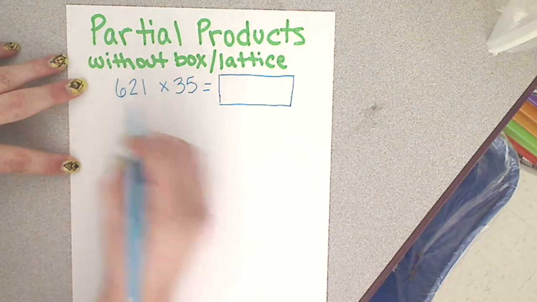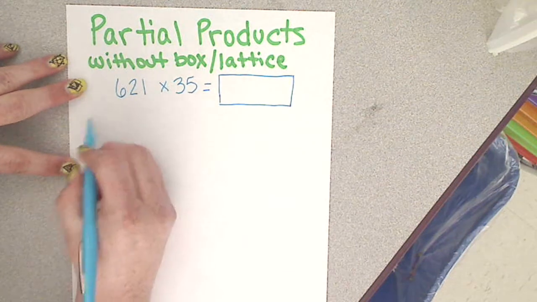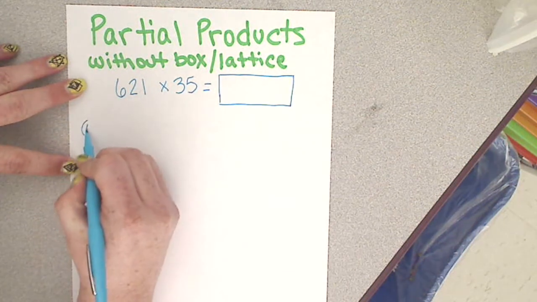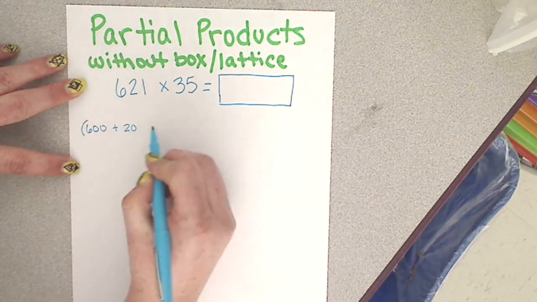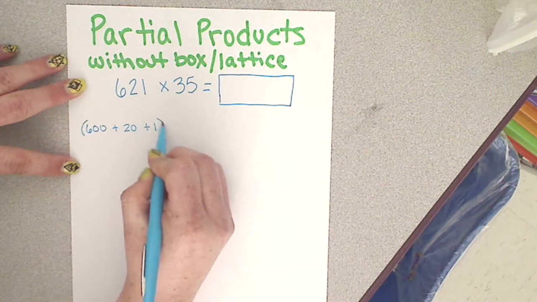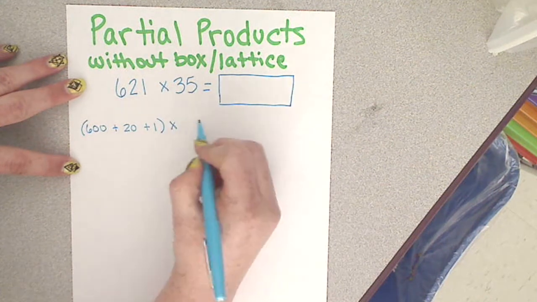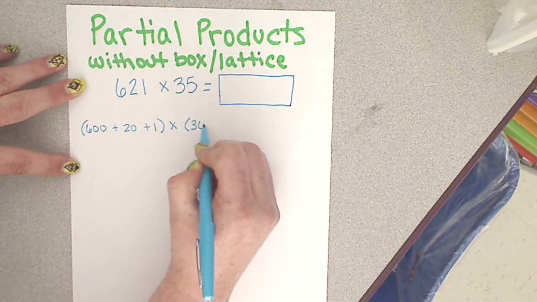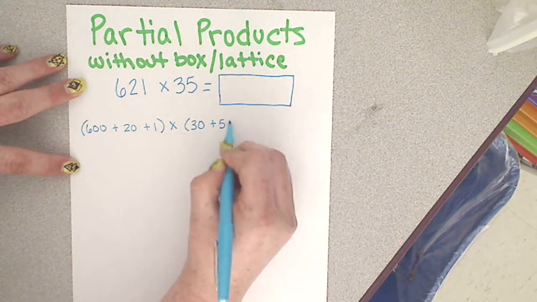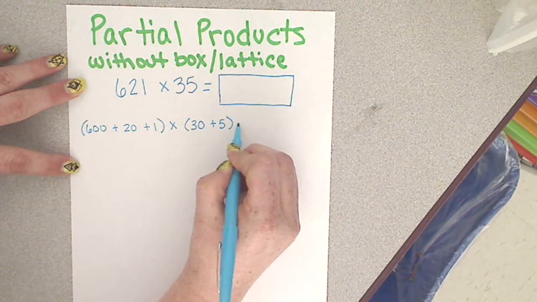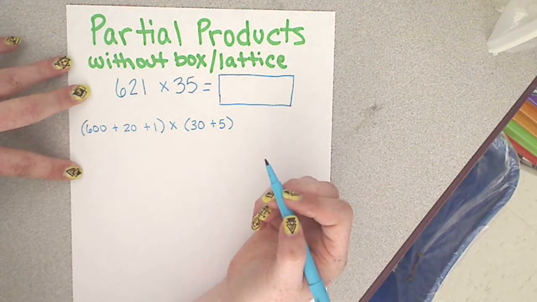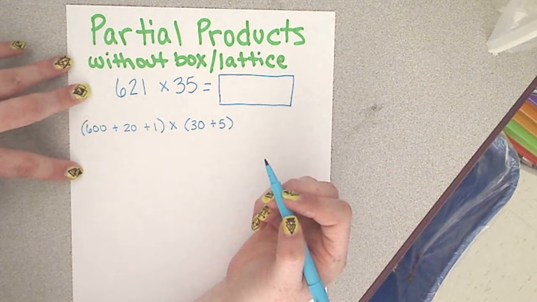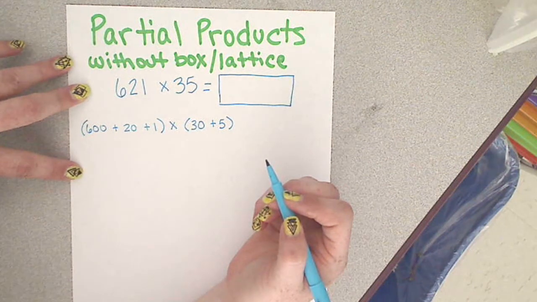I'm going to break this number down because I know that 621 is the same thing as 600 plus 20 plus 1. And I'm multiplying that times 30 plus 5. So I'm going to write out the steps and show you the visual, and then we're going to actually do the multiplication.